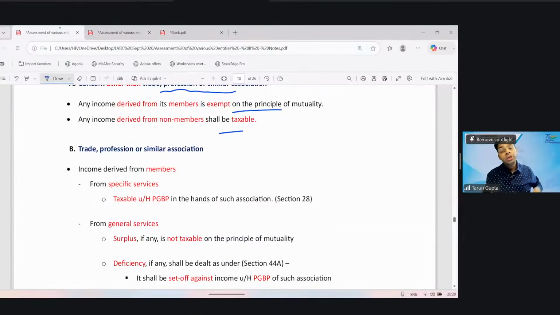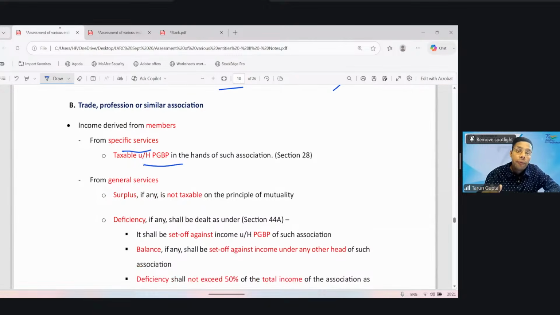So this was the rule for concerns other than trade, professional, or similar associations. For trade, professional, or similar associations, section 28 PGBP says that any income from specified services shall be taxable under PGBP.